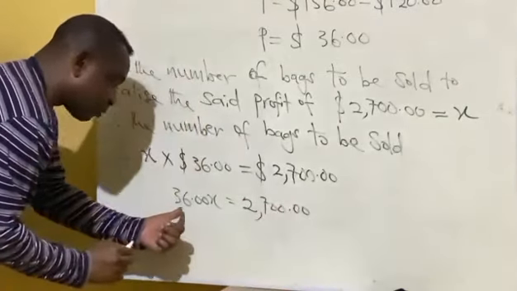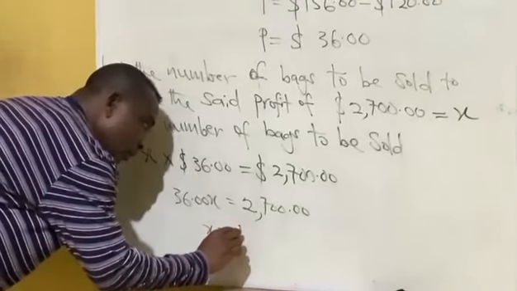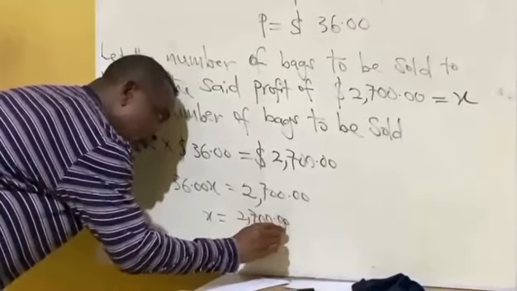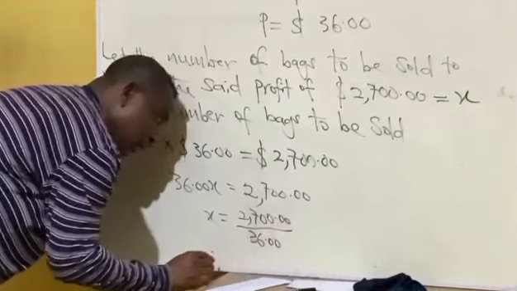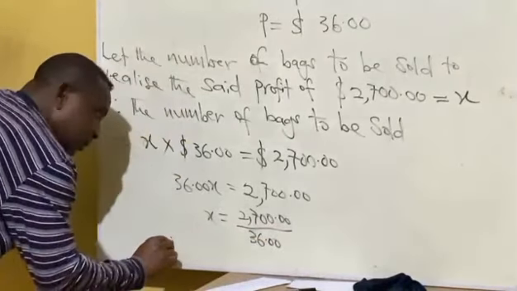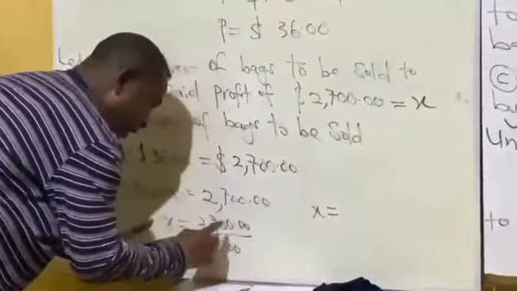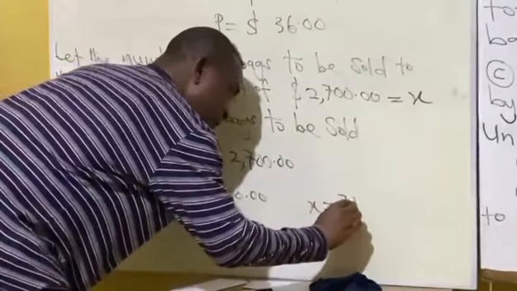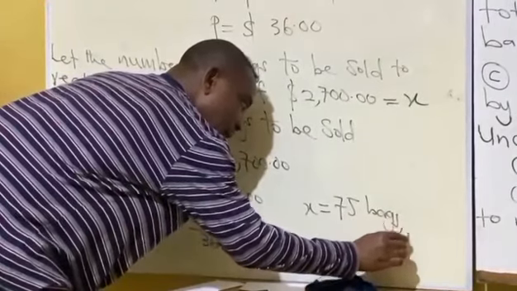Then we divide both sides by 36. So x is equal to 2,700 over 36. When you divide this, x is equal to 75 bags.